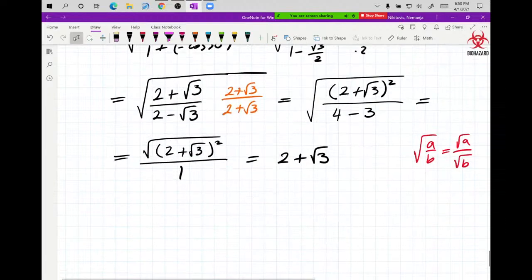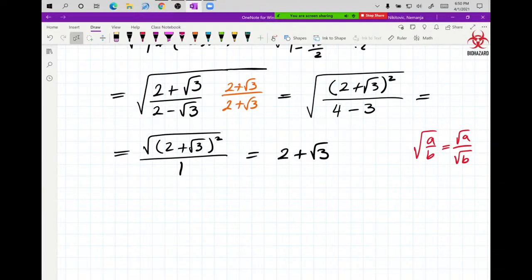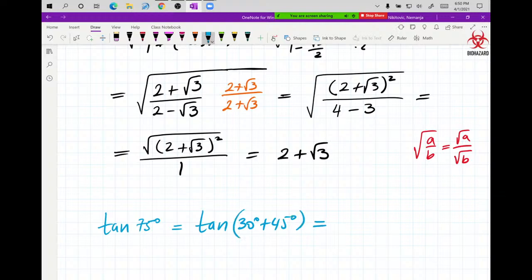Now what we did, not yesterday, the last class, we did tangent of 75 degrees can be written as tangent of 30 degrees plus 45 degrees. That's 75, right? So we can do sum of two angles, right?